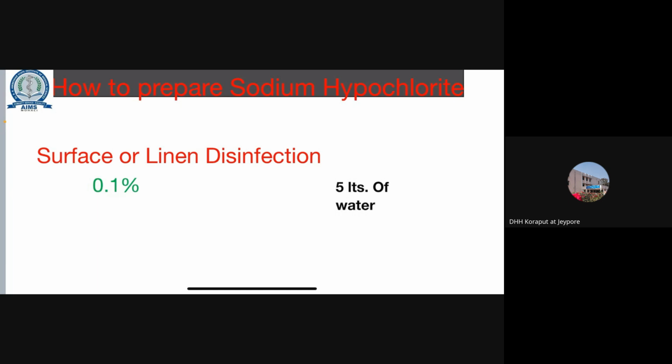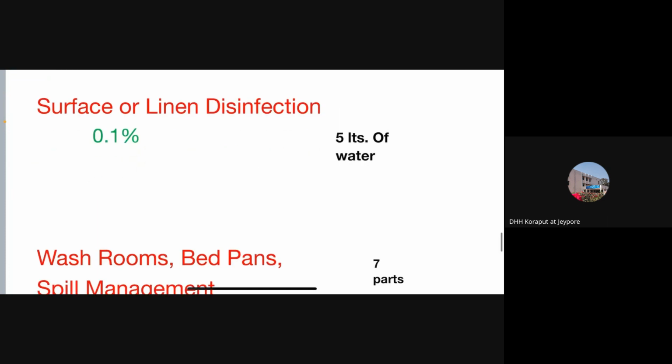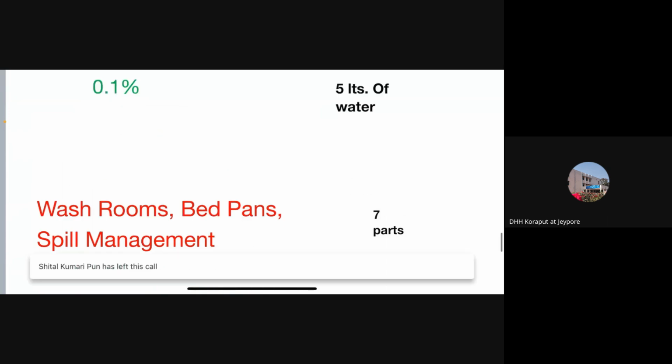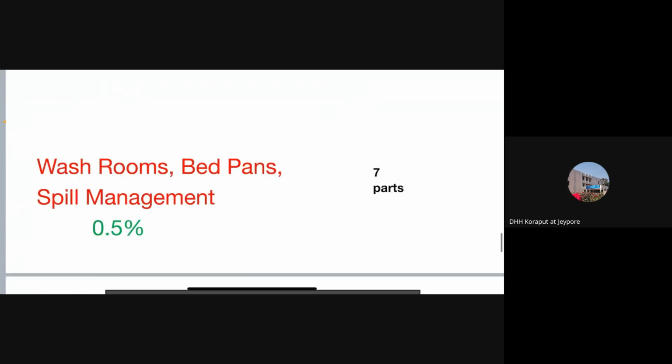For surface disinfection, such as bed railings, you need 0.1% sodium hypochlorite. For washrooms, bedpans, or spill management, 0.5% sodium hypochlorite is required.